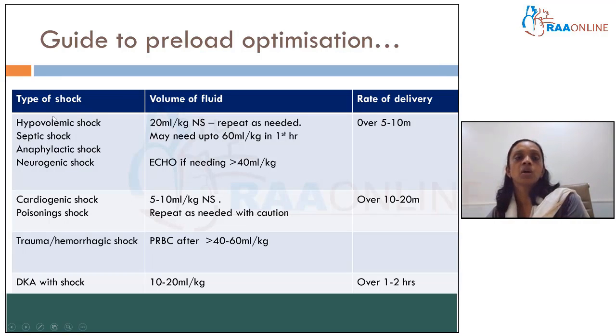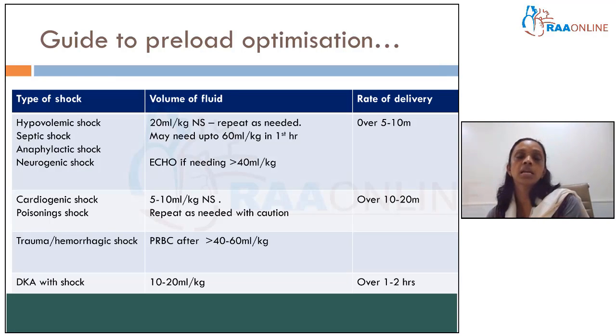But irrespective, once we have diagnosed that the child has a hypovolemic shock, we need to give a volume bolus. So previously we used to give 20 per kg. The reason to give 20 ml per kg is because when 20% of the blood volume is lost, not as in trauma, but be it redistribution, be it loose stools, vomiting, third spacing as in burns, third spacing as in dengue, when 20% of that volume is lost, that is when the blood pressure drops.